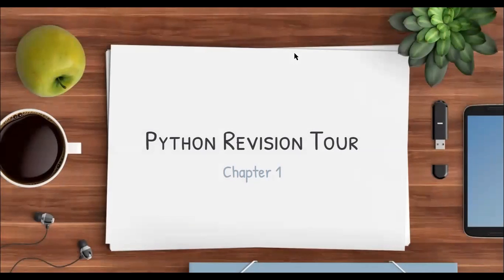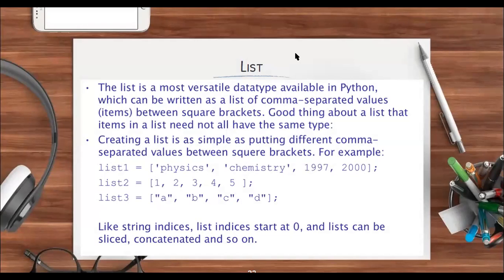So we are doing chapter 1, Python revision tour. And today we are going to be talking about list. Now list is the most versatile data type available in Python, which can be written as a list of comma separated values, enclosed in square brackets. The good thing about list is that items in a list need not all be of the same type.